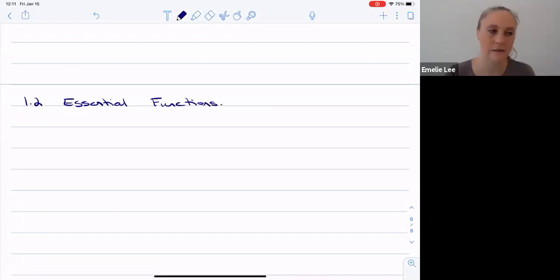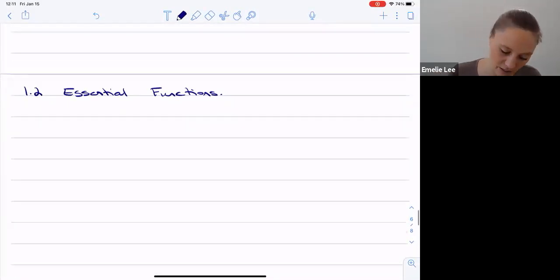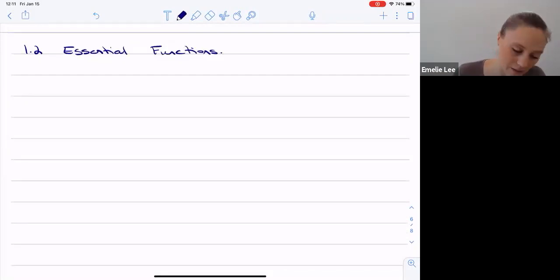So section 1.2 is on essential functions. Here we'll review the functions that we need to be able to recognize and know some properties of, such as the domain.